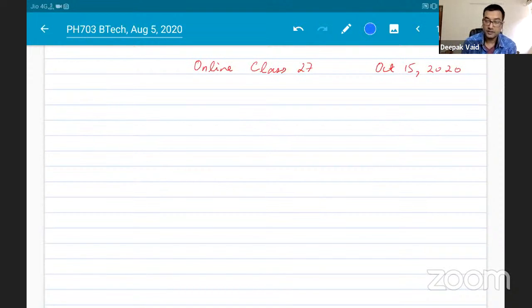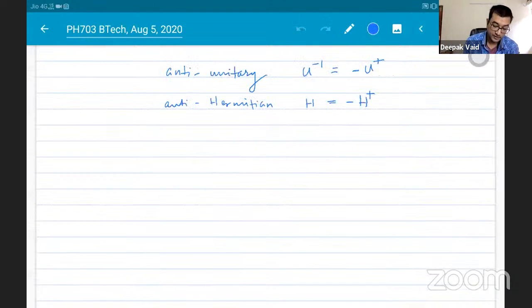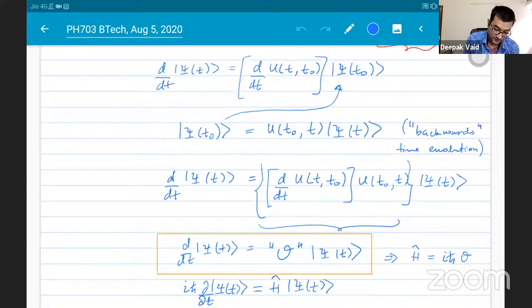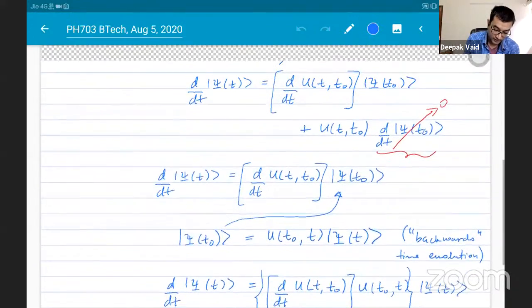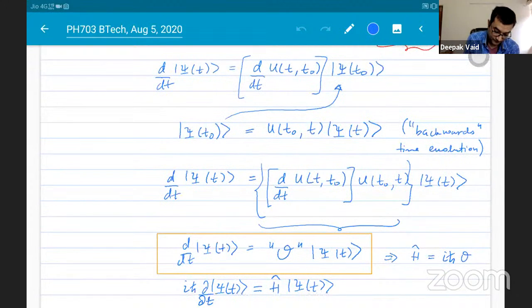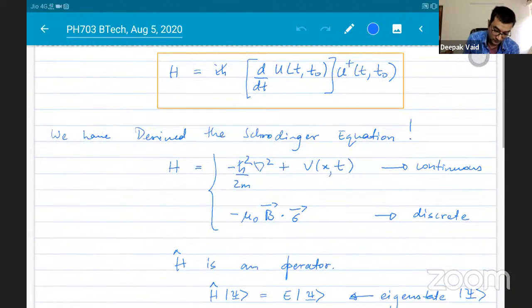So today, yesterday we talked about how to derive the Schrodinger equation, and I showed you that the derivation was not very difficult. Let me see what was the final expression for the Schrodinger equation. It was this.